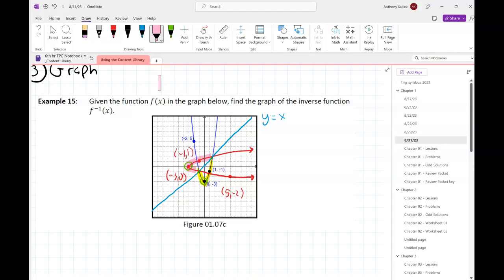I think it's much harder to go from the graph and then reflect across that line because it's diagonal. But once you've drawn your inverse, if you draw that diagonal through there, it's a nice check at the end to make sure everything is in the right place. That's how I like to use it. So far, so good.